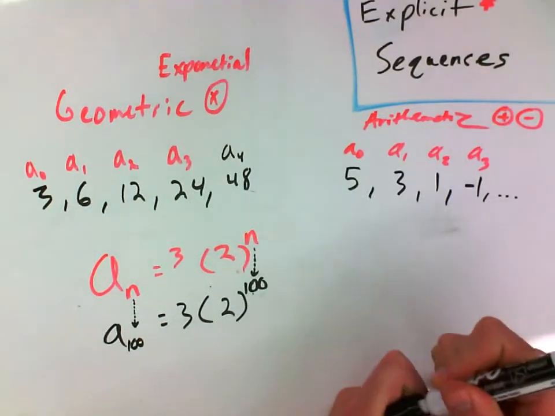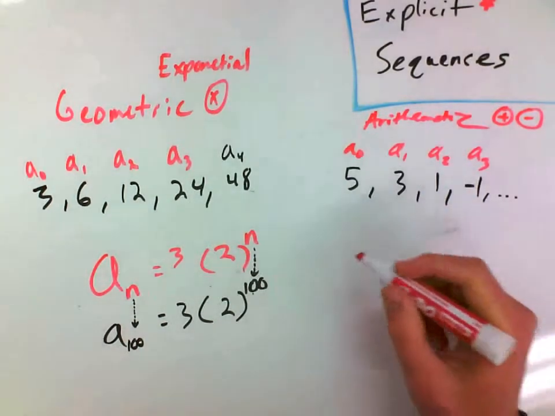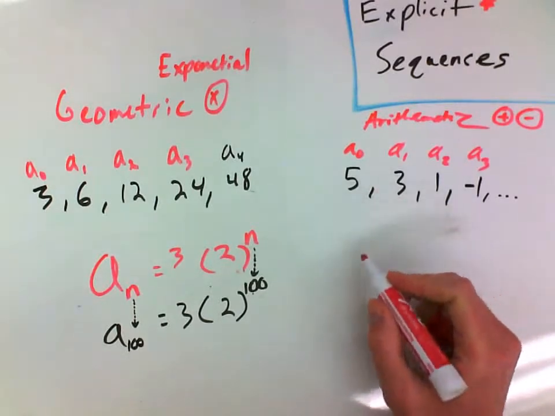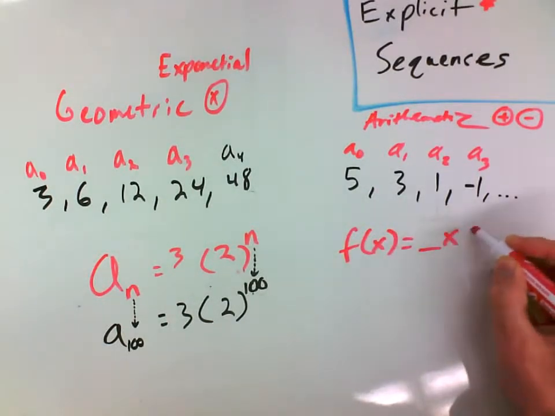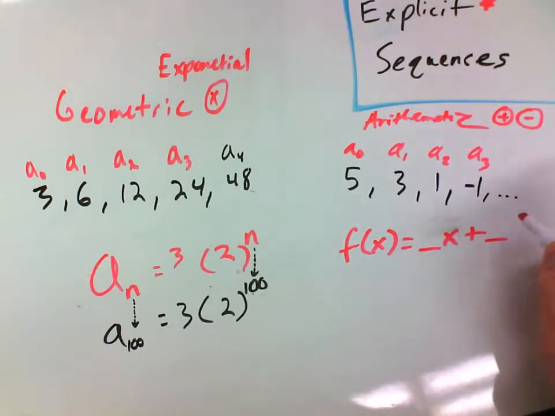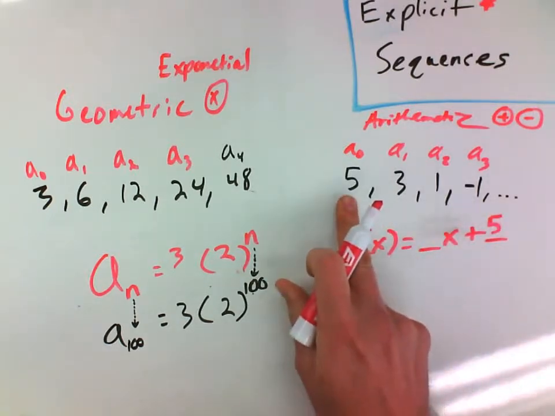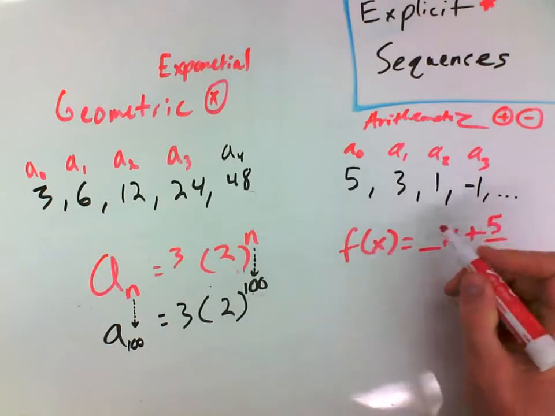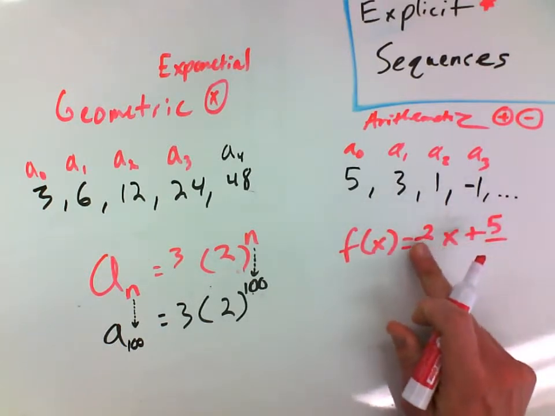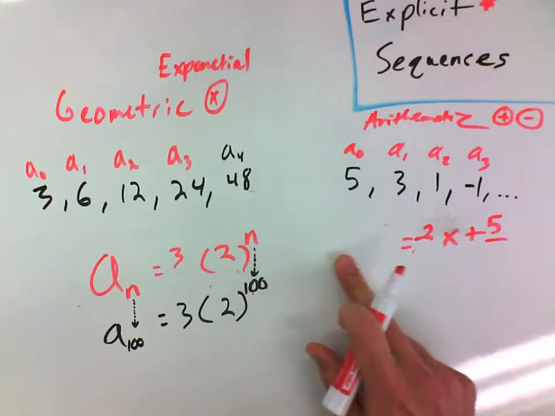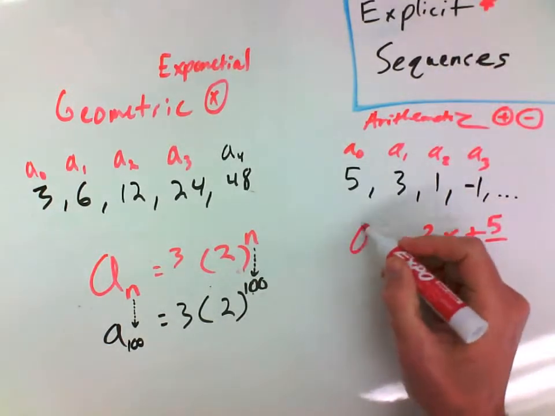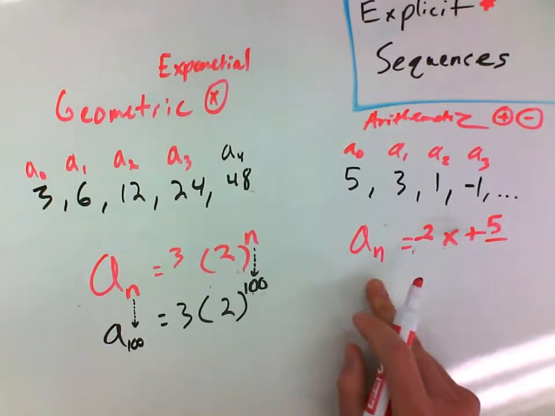If we look over here, the arithmetic one, same kind of deal, right? This one's written linearly. So when we write linear equations, we wrote them like this, right? Where this number right here was my starting value of 5, and each time I'm going down by 2, so that will be like my slope. Well, the same changes hold true. If I want to write this as an explicit sequence, just the notation changes a little bit.